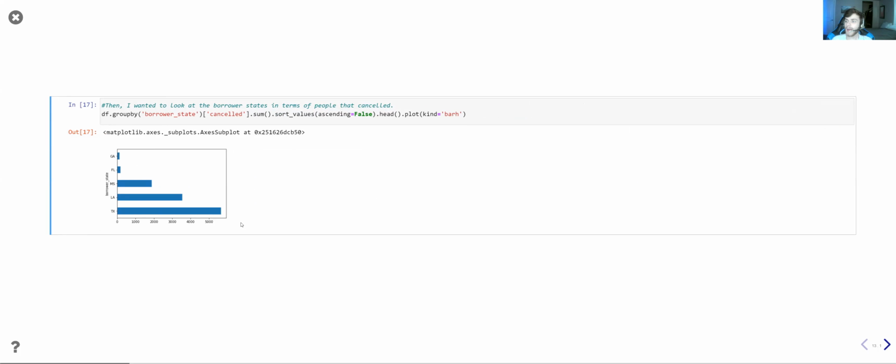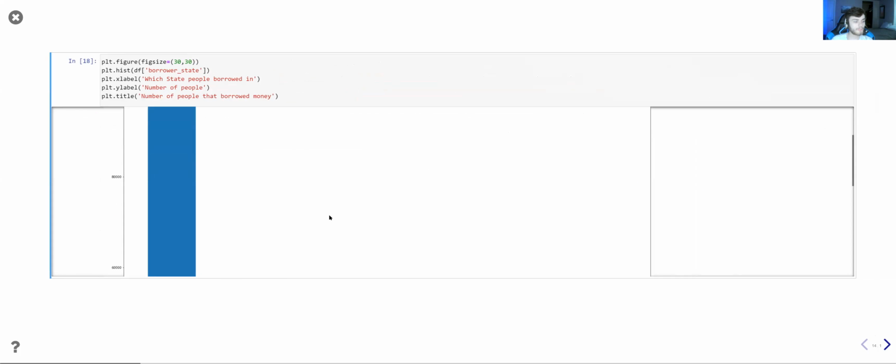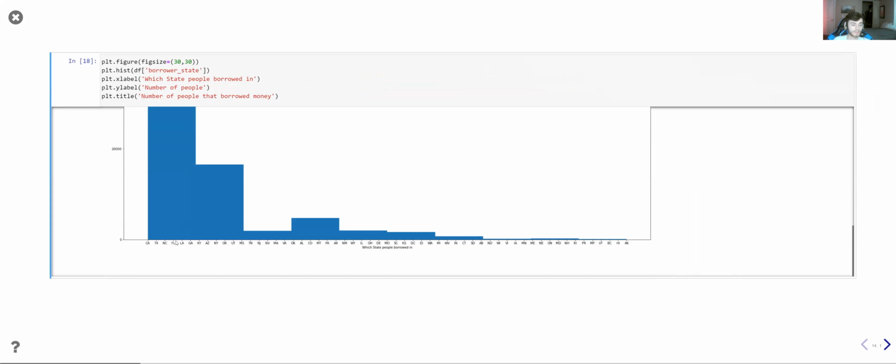And then, on the surface, you could see then, oh, we shouldn't be giving lines to Texas or to those other states. But when you take another look at it and you see the number of people that borrowed money, that top classification is taken up by some of those same states like Louisiana and Texas.